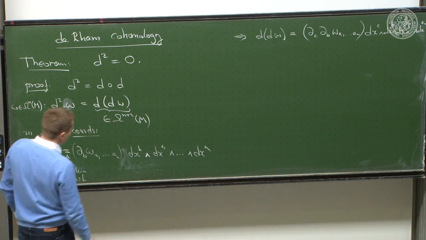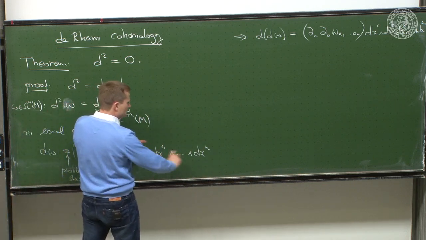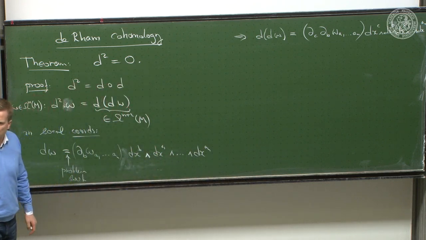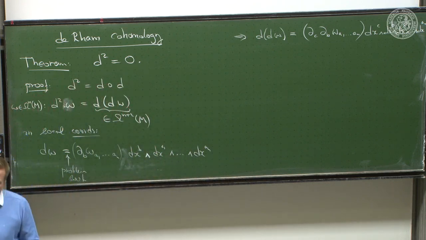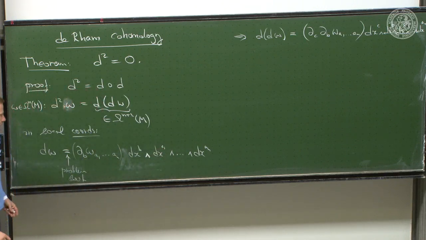However, these wedges, these are all one-forms, so the exchange of any two of them picks up a minus sign. And you have all of these indices contracted here, the b and the a1 to an, with all these indices down here.